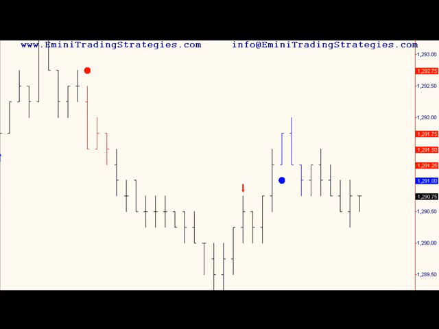So now we're just going to kick back and let this trade cook. If it stops us out, we'll check out the short trade that follows. If not, we'll make our profit on the upside, excuse me, and we will make our profit. Oh, here we go.